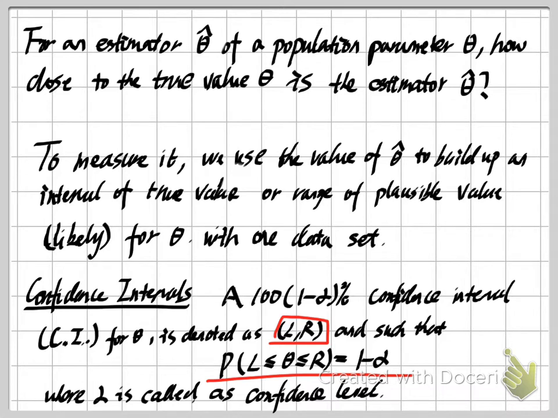So if we change the value of alpha, then the probability will change, and in other words, the values of L and R, these two endpoints, will change. So alpha is a very important parameter in the terminology of statistical intervals, or confidence intervals. Generally we call 1 minus alpha the confidence level of this confidence interval.